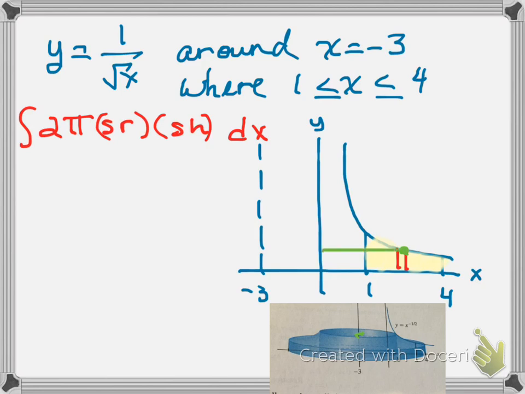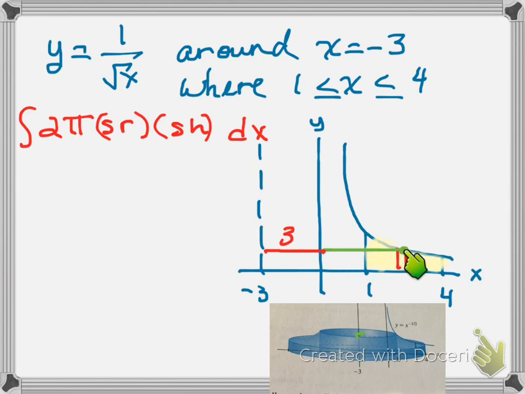So I'll draw that in. Here plus here. So these two colors together, the red and the green, make up my shell radius. And so you know the distance from here to here is 3. And you know the distance of the green is x. That's the x value from here to here on that curve.